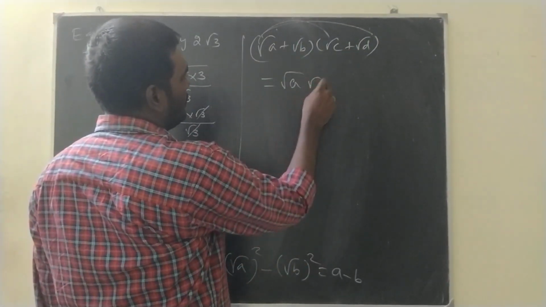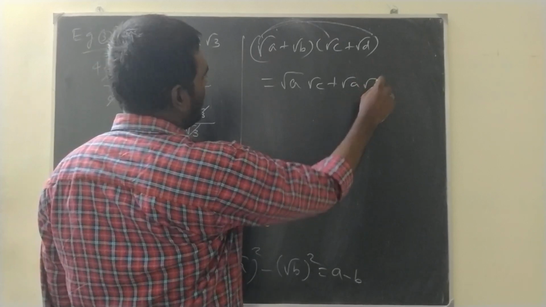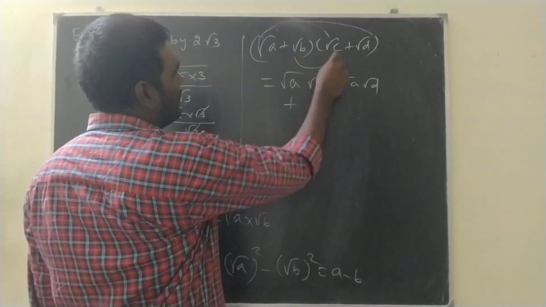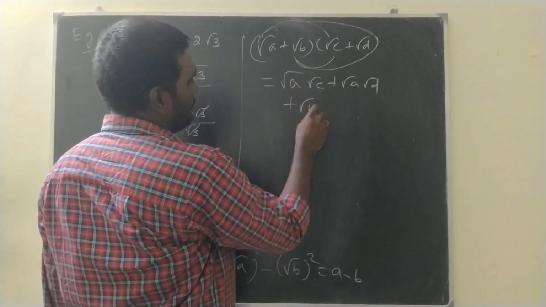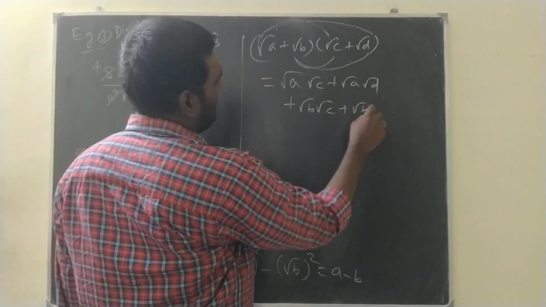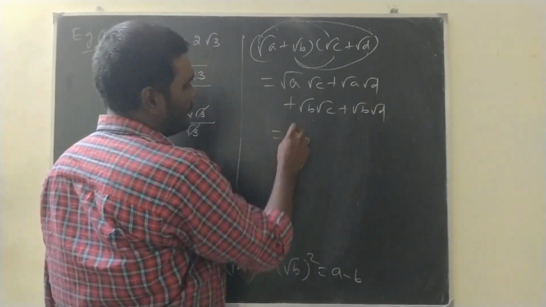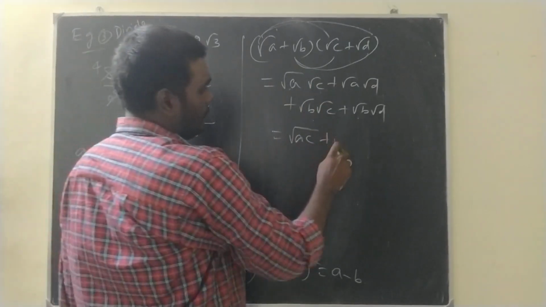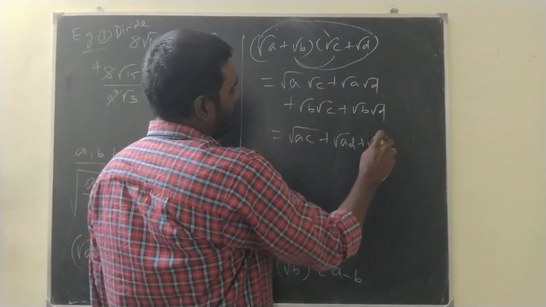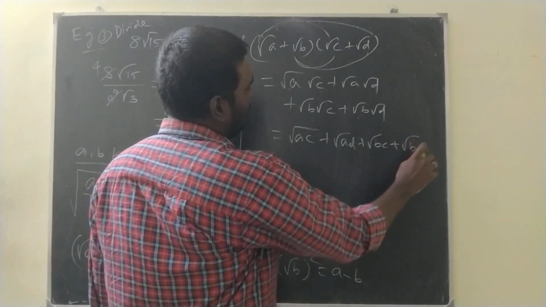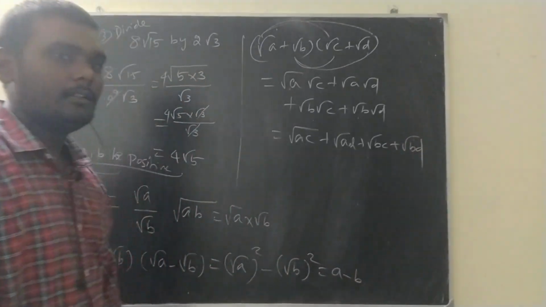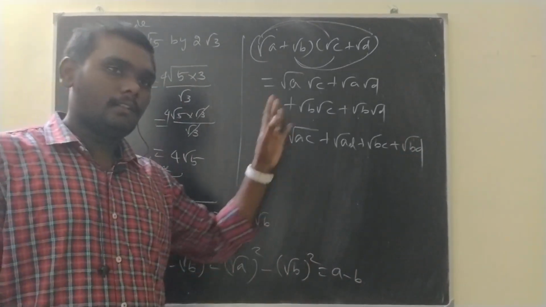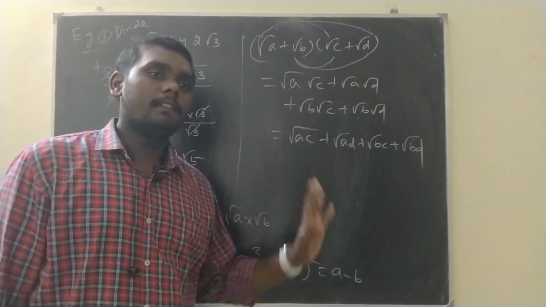So root a into root c plus root a into root d plus, now distribute these 2, root b into root c plus root b into root d. This can be combined because these are positive: root of ac plus root of ad plus root of bc plus root of bd. This is how you should multiply. Okay. So based on this, we'll be doing some questions.